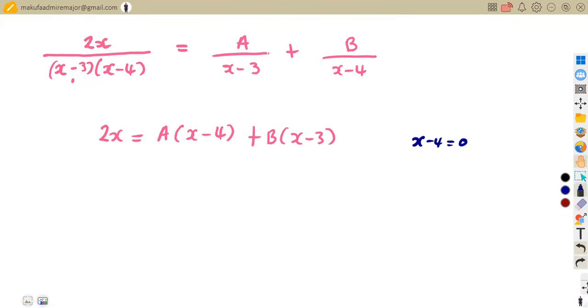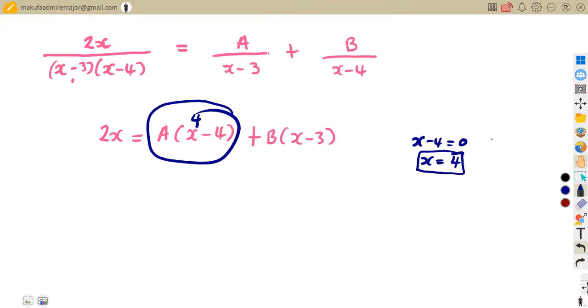By doing this, we find the value of x: x is equal to 4, moving the 4 to the other side. If x is 4 and we substitute, 4 minus 4 gives us a 0, and this whole part is no longer there. We have eliminated this part. So when x is equal to 4, substitute 4 where there is an x.